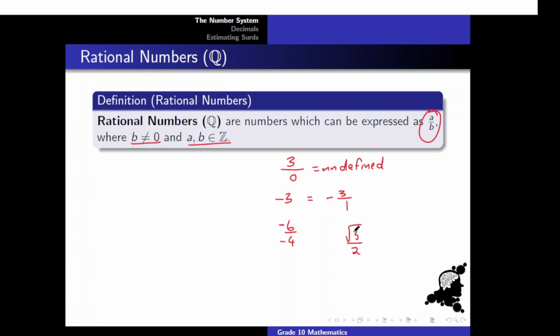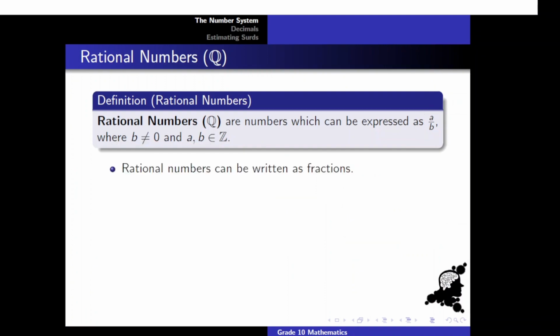The square root of 3, as you will see later on, is not an integer. Remember, we said integers do not include decimals. If you press the square root of 3 on your calculator, you will get a number which has many numbers after the comma. This indicates that the square root of 3 is not an integer because it's a decimal. Please take note of this.